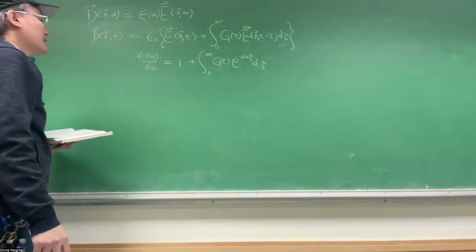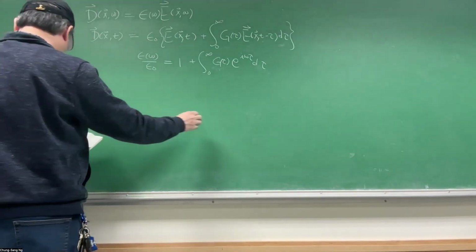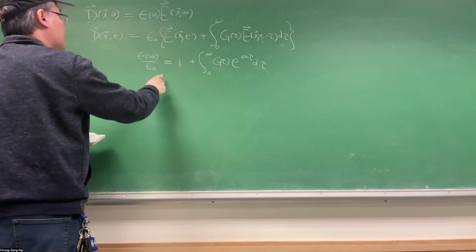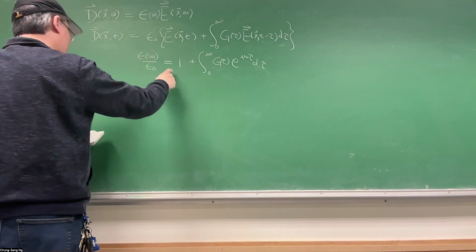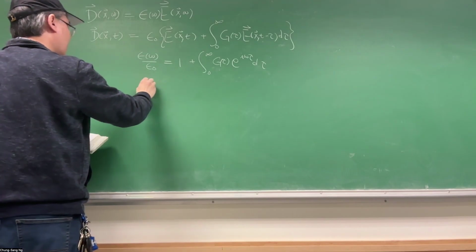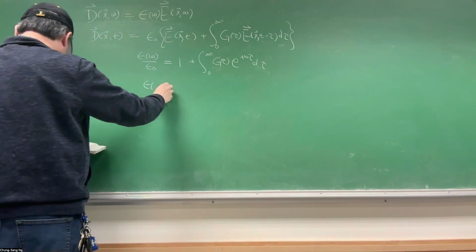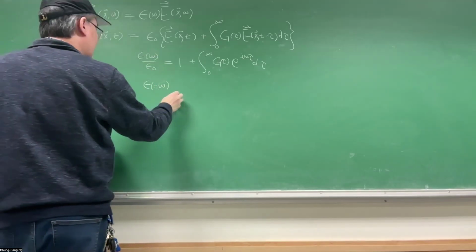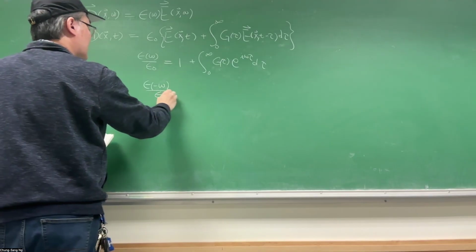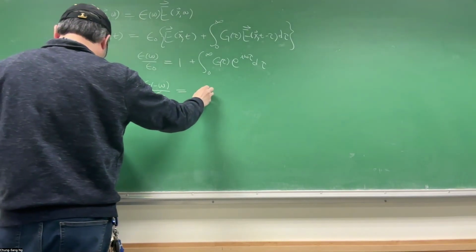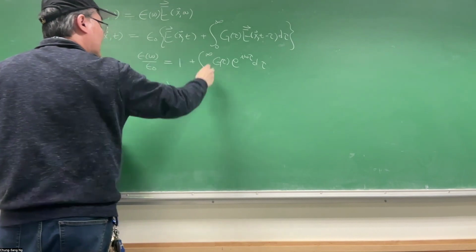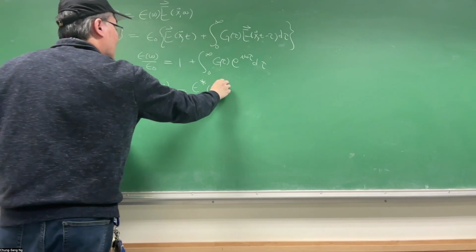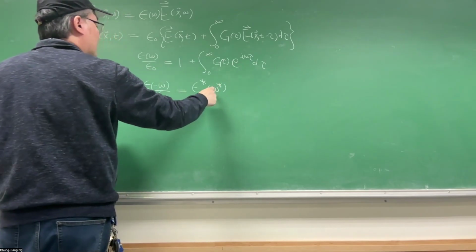Then there's one more consequence that is easy to show, but we'll just write it out, because you just substitute minus omega here. It's effectively just like taking the complex conjugate, but also taking the complex conjugate of omega.